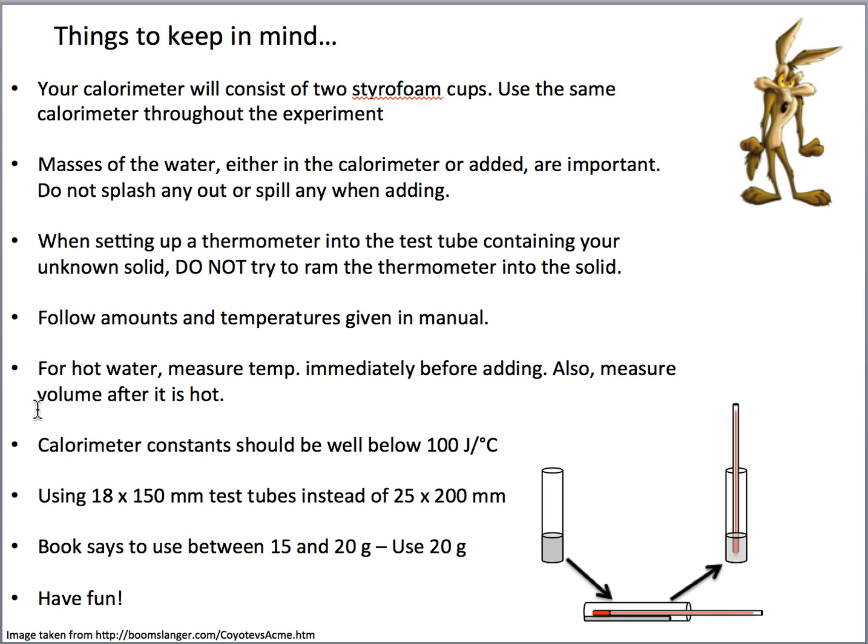Well, the common mistake that people make is that they will measure out the correct volume of water, then heat it up, and then pour it in. Well, as you're heating it, you're losing volume.